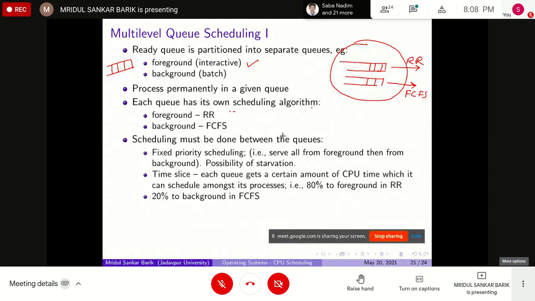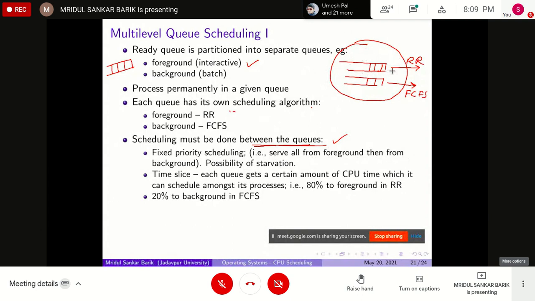And scheduling must be done between these queues also. This is important. Fixed priority scheduling in this case serves all from the foreground first, then from the background. So whatever time you have, first you give all your time to the jobs in the round robin queue, sorry, the foreground queue.